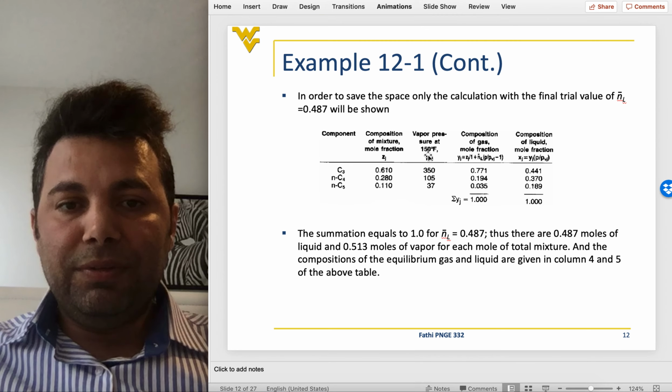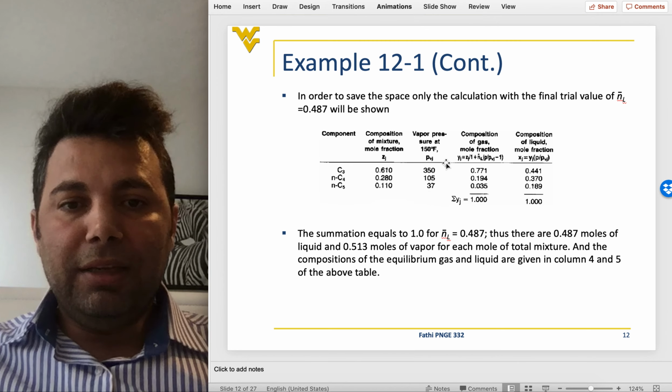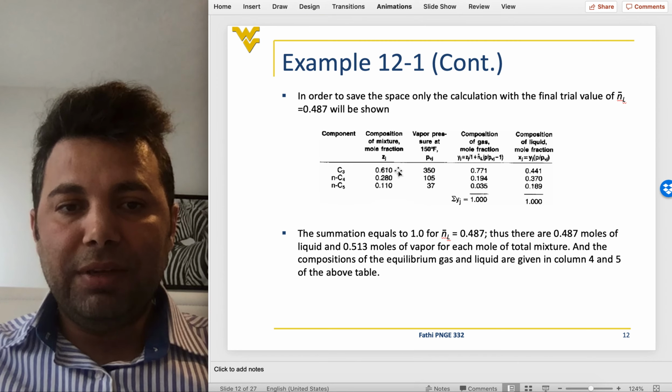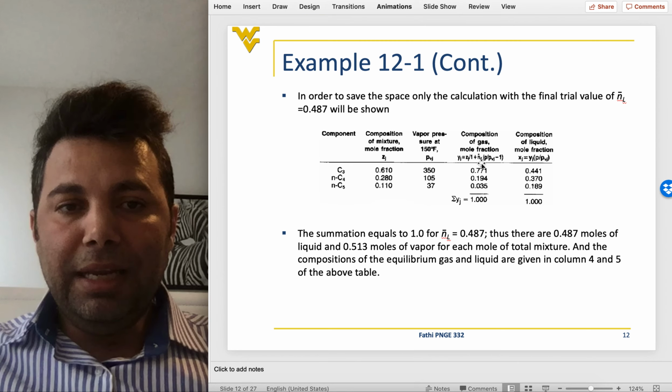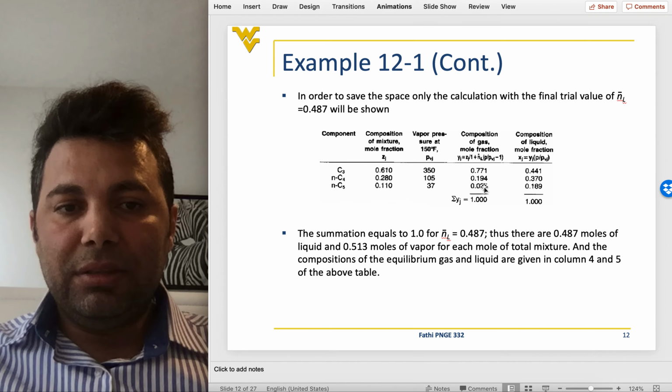At 150 degrees Fahrenheit, I can read the vapor pressure from the Cox chart. So these numbers are coming from the Cox chart. And then for every component, I can calculate this ratio. So Zj, which is given, divided by NL, which I assumed 0.487, times the total pressure, which is 200, divided by PBj, minus 1. I can calculate these ratios, and then I can sum them up.